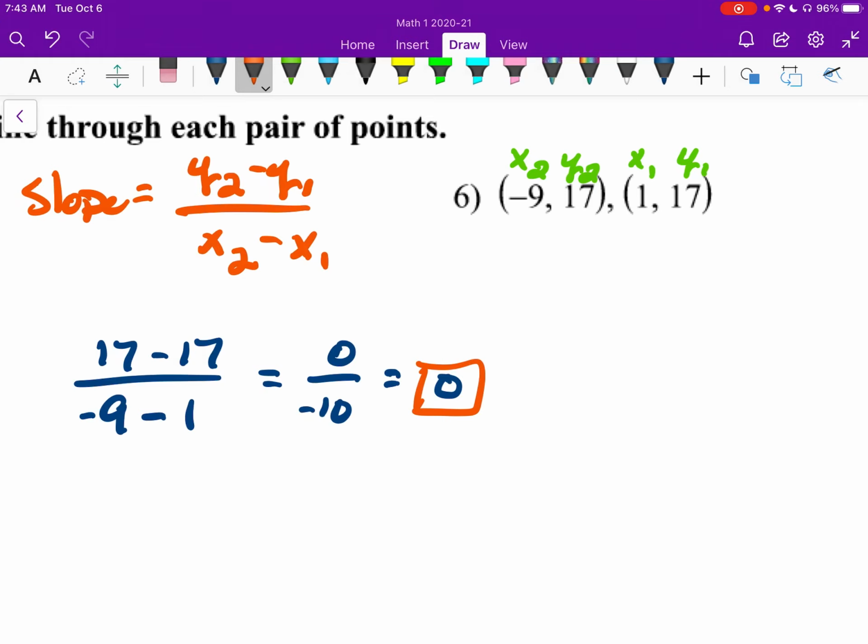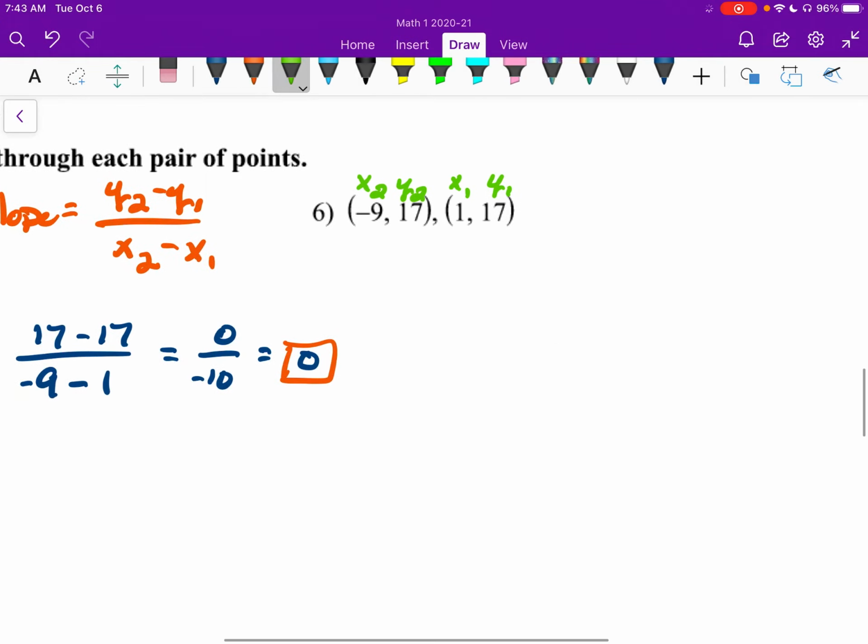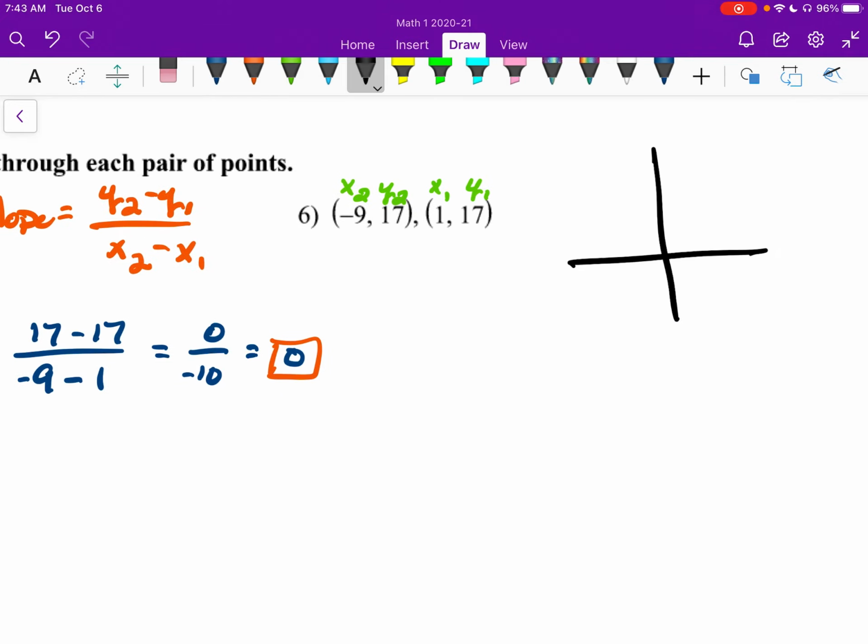But what does that mean? Why is it 0? I want to sketch just a little graph here so that you can see what's happening. You don't have to sketch this, but I think it helps. So here's 17, and we've got a point here at positive 1 and a point over here at negative 9. So really here we have a horizontal line. If you had your little car driving here, the car would be driving on level ground.